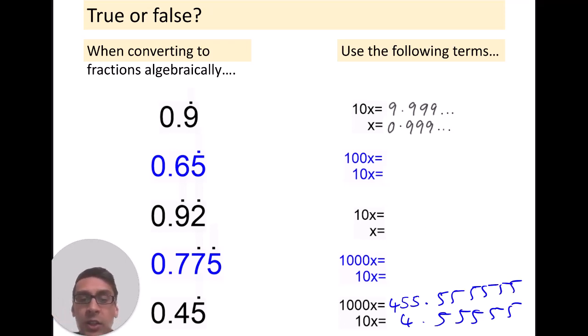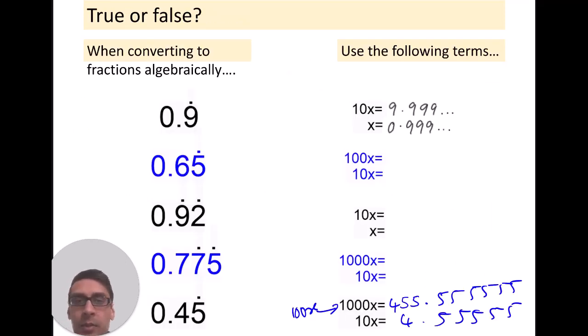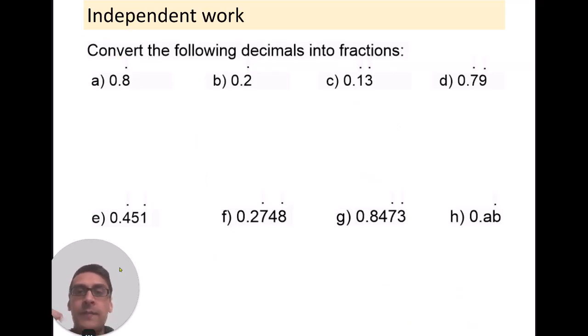We could have also used 100x instead of 1000x, but either way, we will get the same answer. So that is your true or false. You're now going to practice a couple of questions. Pause the video here, have a go with all of these, and then the solutions will appear in the next couple of seconds.